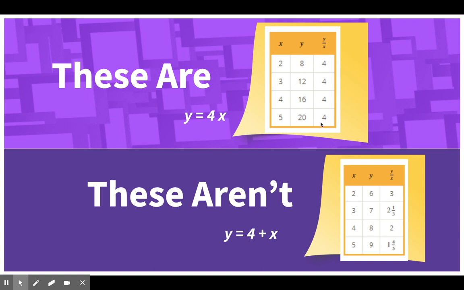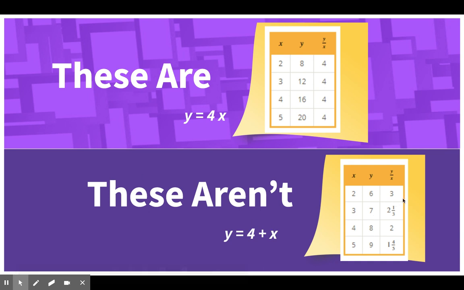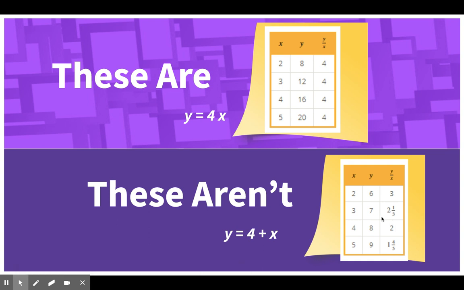So that means that 4 is my constant of proportionality when I do the division, and that represents a proportional relationship. When I look at this bottom one where it says these aren't proportional, I have y equals 4 plus x. That's not of the same form like my first one. And then if I look at the third column in this table, none of those quotients are consistent. So that also tells me these are not proportional.